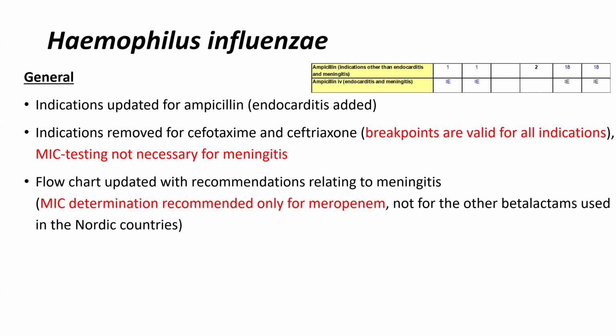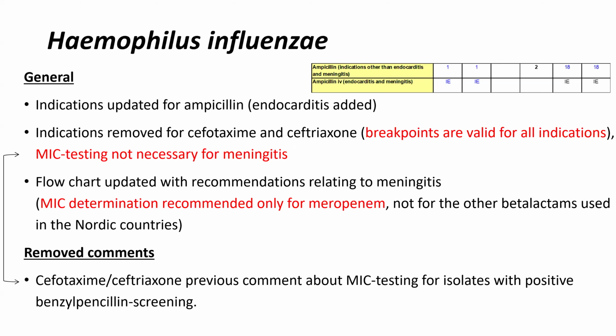So when it comes to the flow chart, it's updated accordingly. And the only time we say that you need the MIC determination, that's for meropenem. So then, of course, also the comments about having to do MIC testing for meningitis in cefotaxime and ceftriaxone is removed.